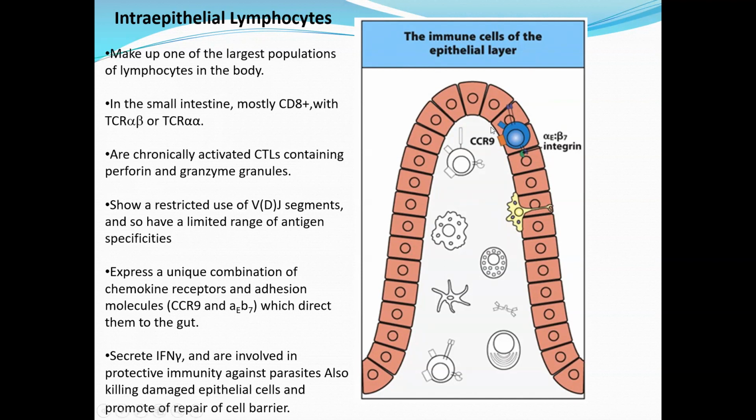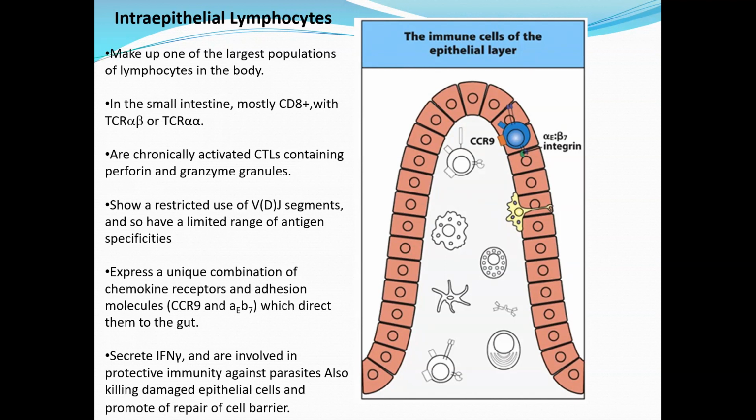So if they see an infected epithelial cell, they will kill it through recognizing antigen presented on class 1 MHC and kill that epithelial cell through granzyme perforin mechanisms, just like in the normal CTLs.